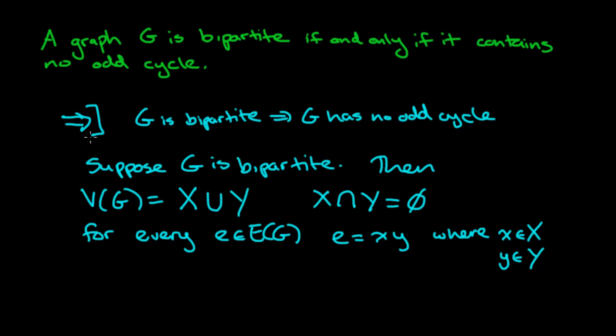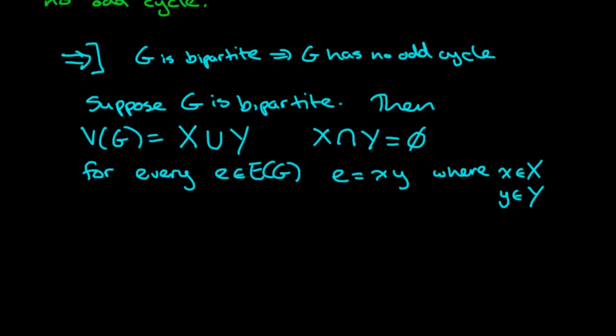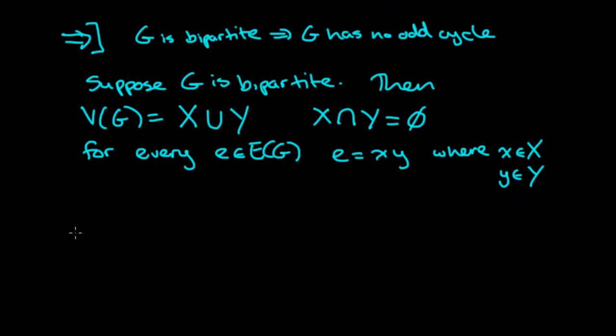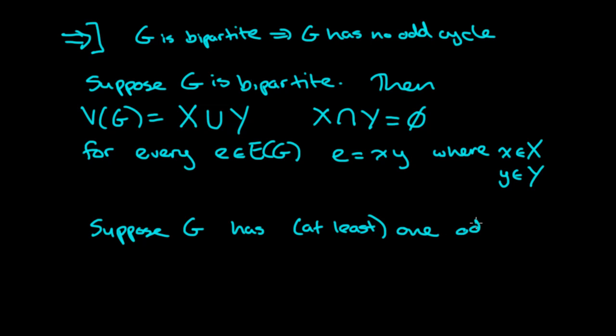Alright, so that's what we know. The graph is bipartite, and we want to show that it has no odd cycle. So we can actually do this by contradiction. What we want to show is there's no odd cycle. So suppose G has at least one odd cycle.